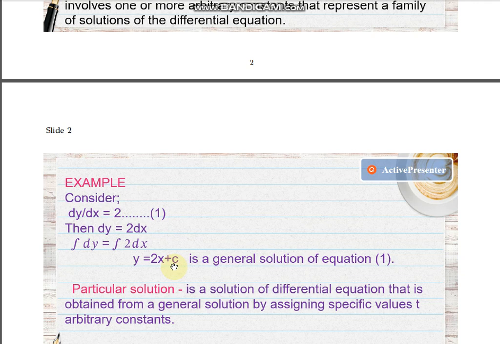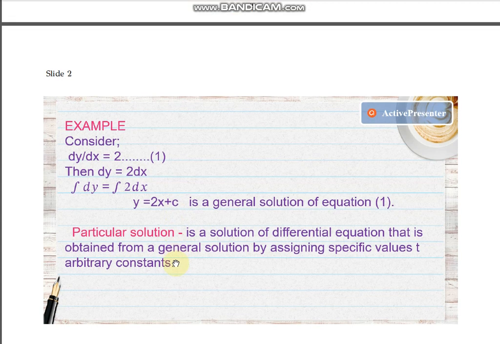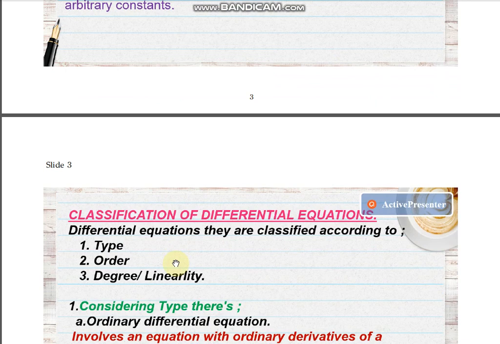So if I assign this constant a value, let's say 2, then that equation will change automatically. That is, the solution will change to be a particular solution. So a particular solution originates from the general solution.